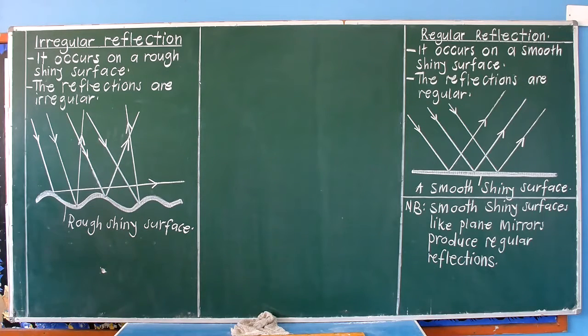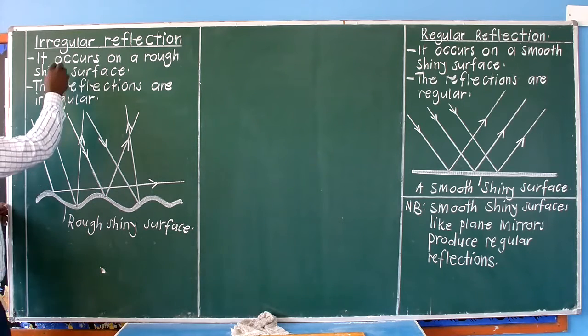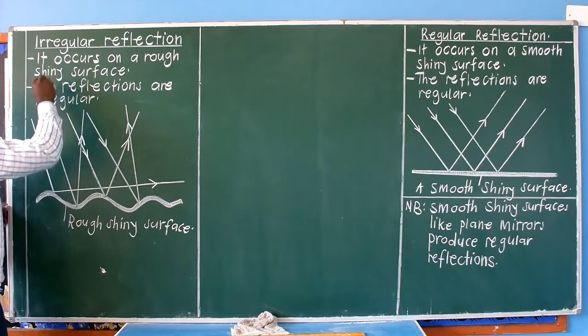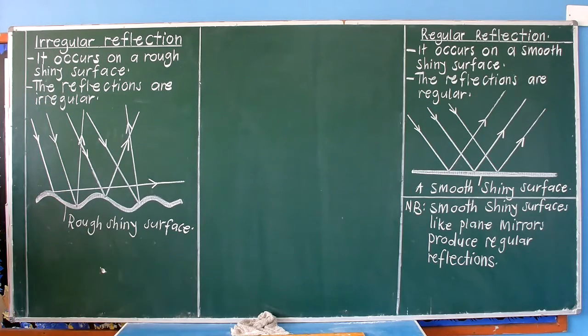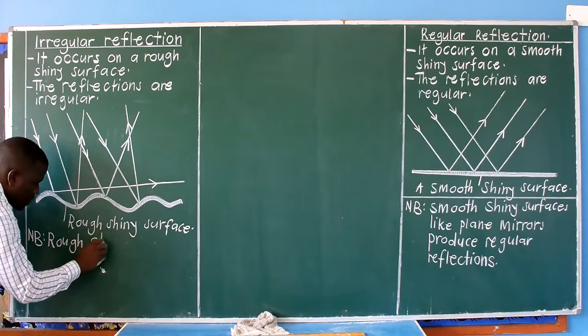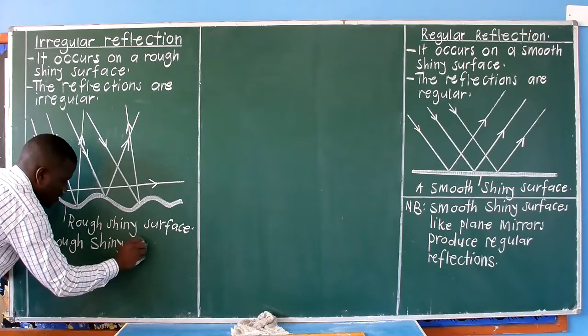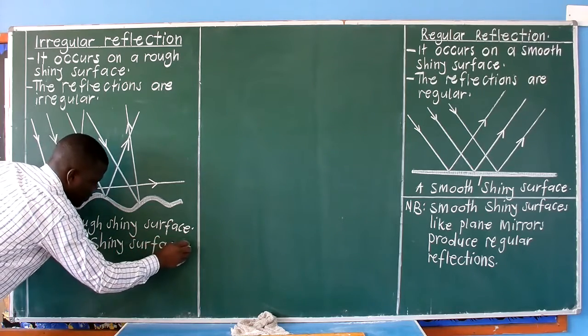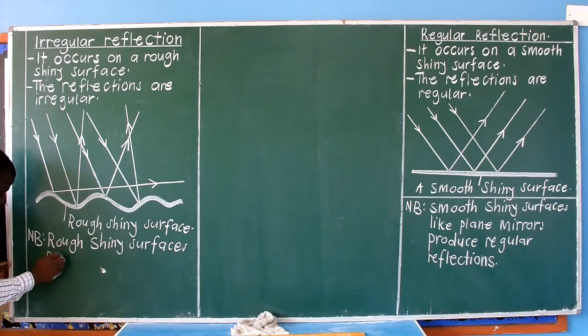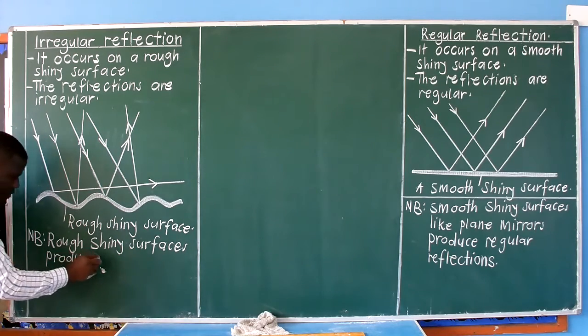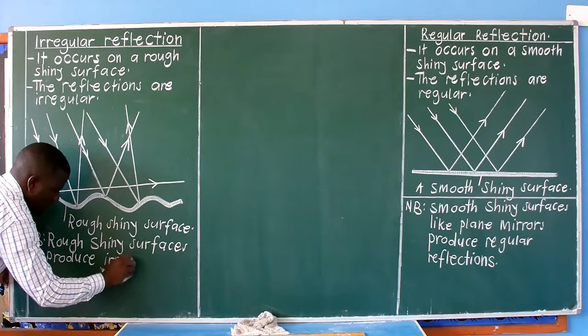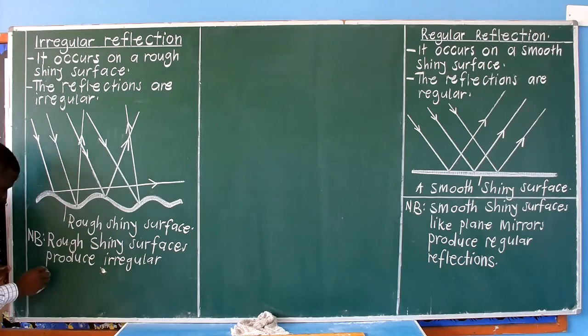We say irregular reflections: rough, shiny surfaces produce irregular reflections.